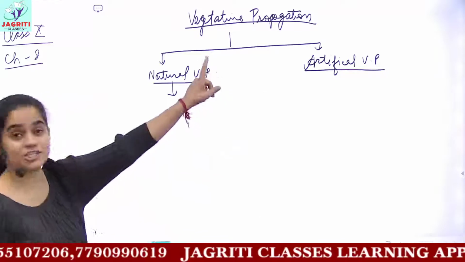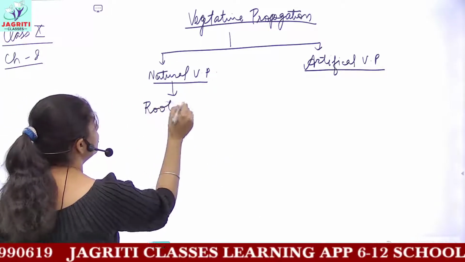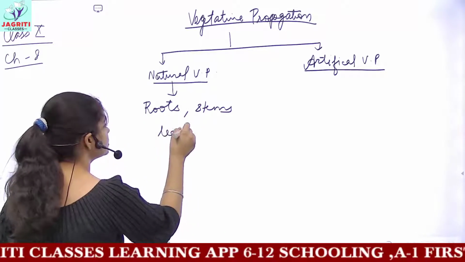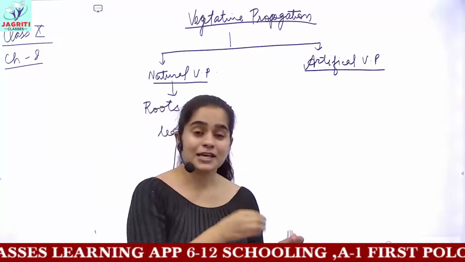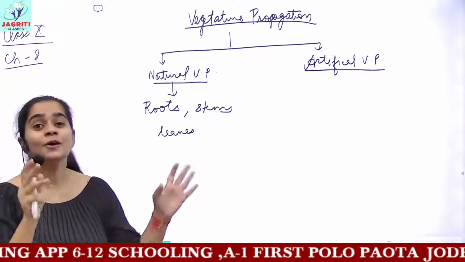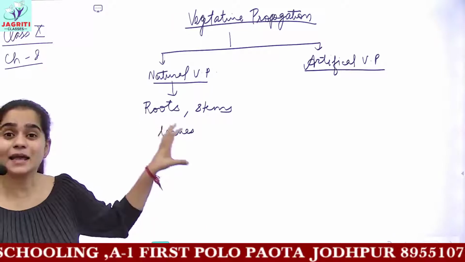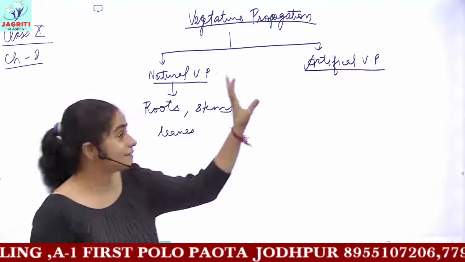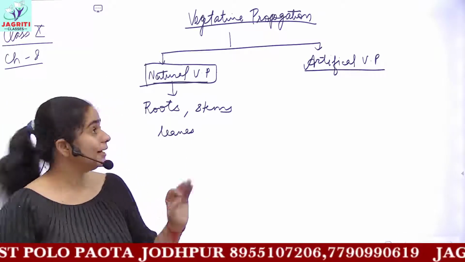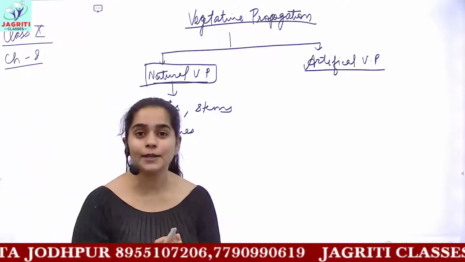Such methods are called natural vegetative propagation, where we directly put roots, stems or leaves in the soil and give them favorable conditions like continuous watering, a particular amount of heat, sunlight and shade, and these parts can produce a new plant. But these are only applicable to a very small number of plants.